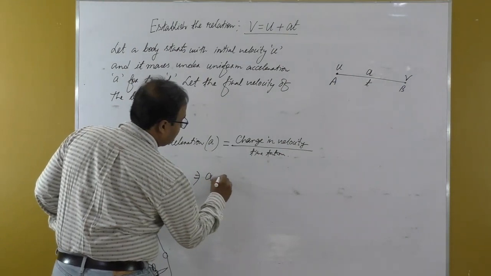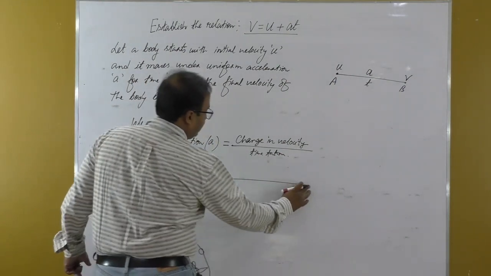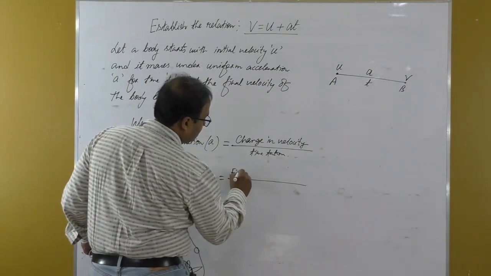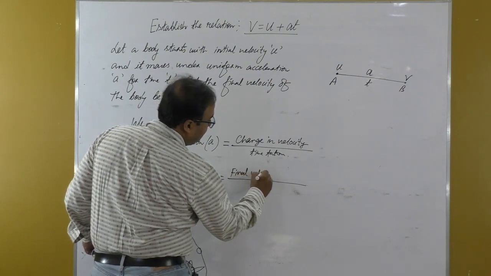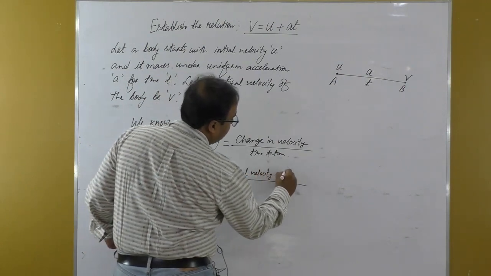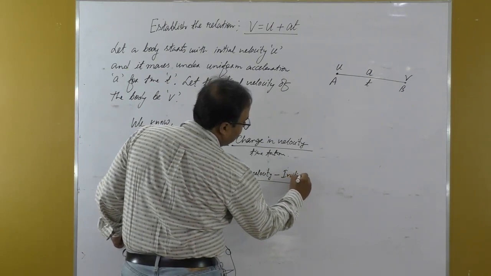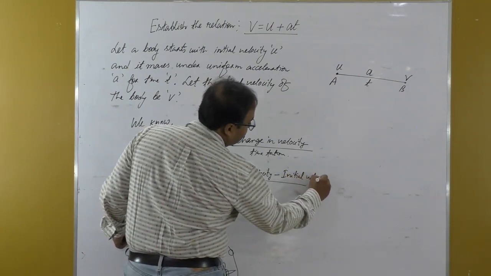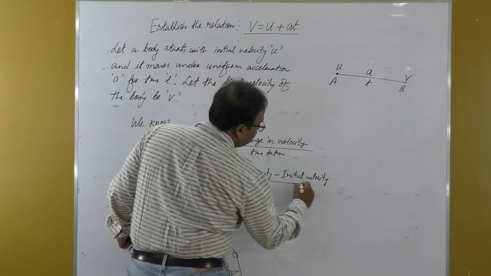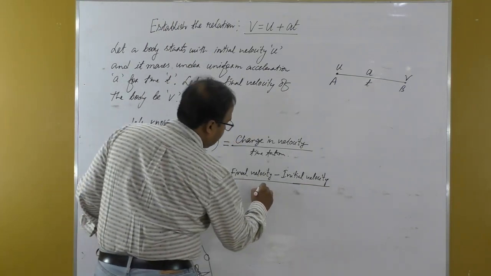So change in velocity is, we can write here, final velocity minus initial velocity. This is change in velocity, divided by time taken.